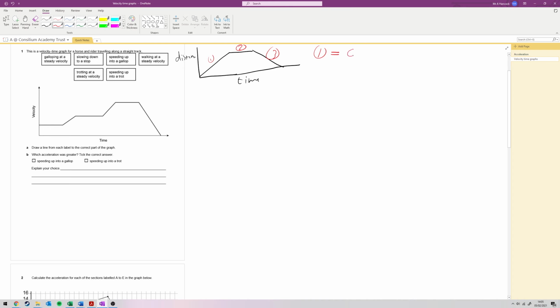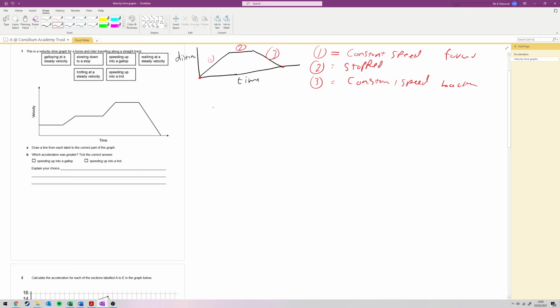We know this is a constant speed. We know 2 was stationary or stopped. And we know 3 was moving at a constant speed but backwards. This was forwards, and this one was backwards. And because of this graph, this person ended up back where they started.